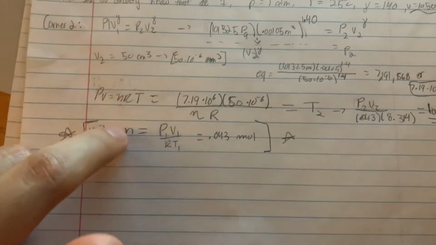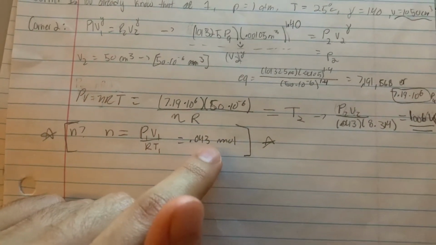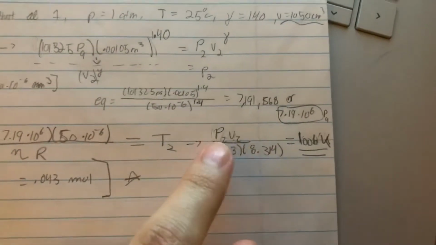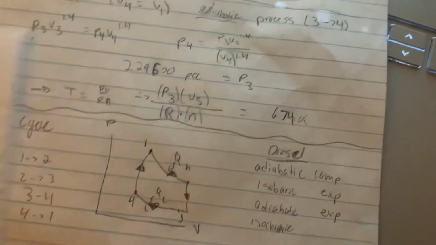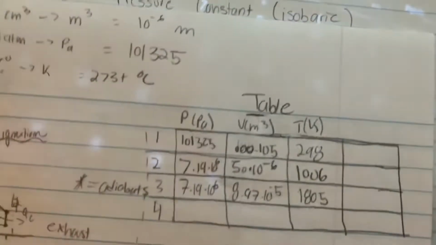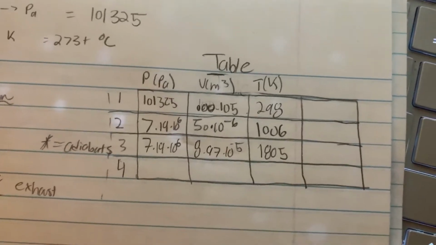It should be 0.043 moles. Knowing that, you plug in your values and you should get 1006 Kelvin. So that should be your table right now for 1 and 2. And now we're going to go to corner 3.